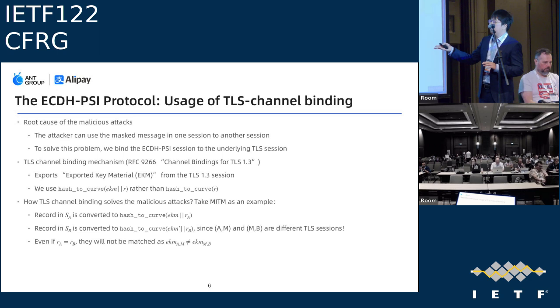Take the man-in-the-middle attack as an example, where record RA will be masked to a point on the curve with EKM, but the record in SB will be converted with another exported key material EKM prime, since A and M and B and M are using different TLS sessions. That means even if RA and RB are the same, they will not be matched as the points are different.